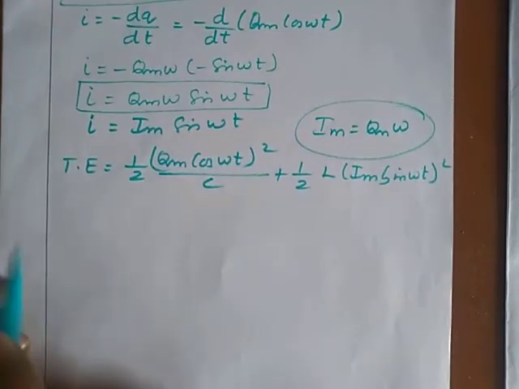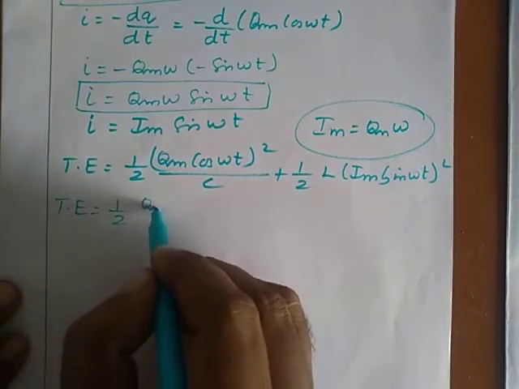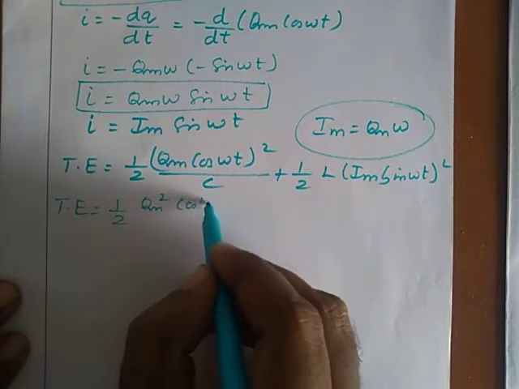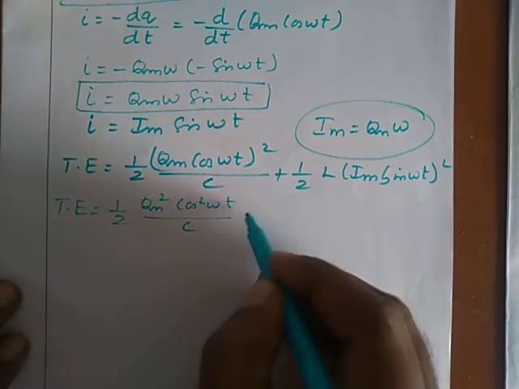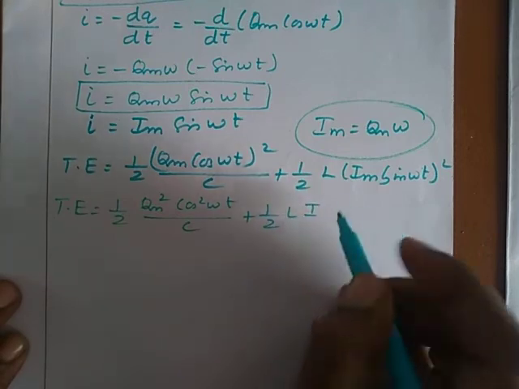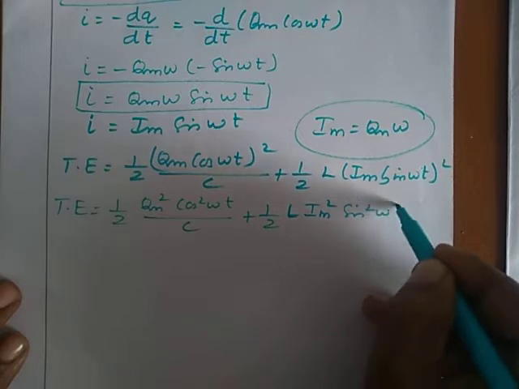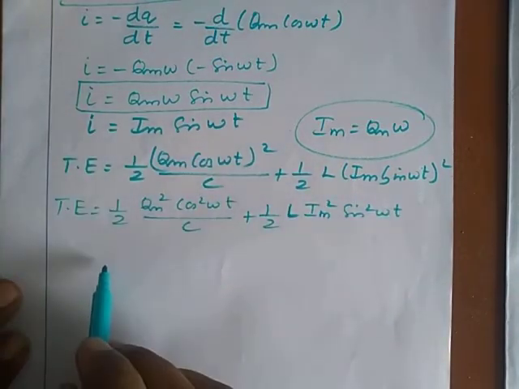Squaring this, the total energy becomes 1 by 2 Qm square cos square omega t by C plus 1 by 2 L Im square sin square omega t.